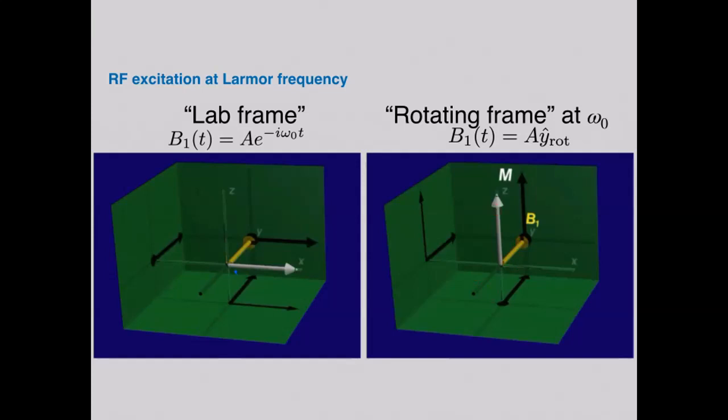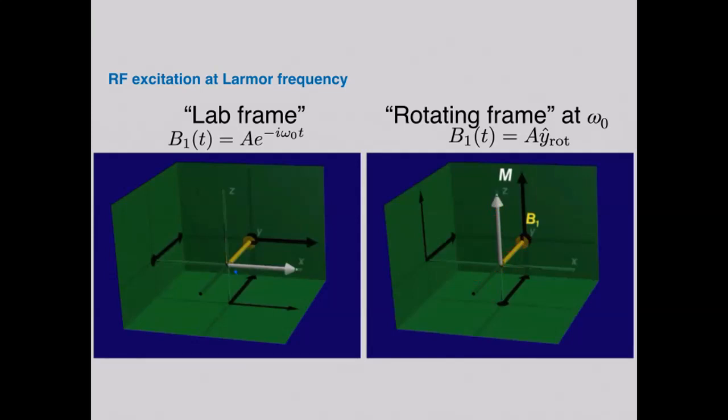So in the rotating frame, the B1 field will stay stationary. The magnetization, once it starts precessing, also precesses at exactly the same frequency as the rotating frame, so it's also not going to move.